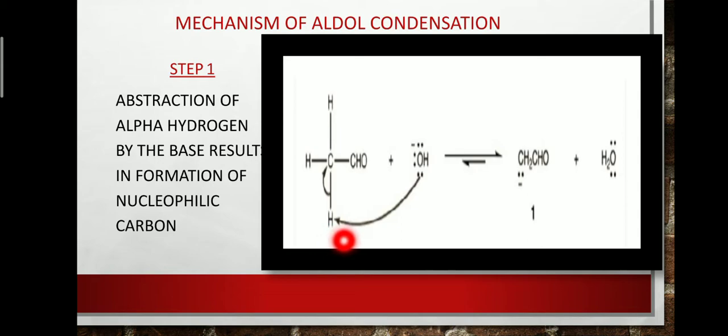So the first step is this alpha hydrogen is abstracted by the base, resulting in a nucleophilic carbon here, an enolate ion. This is the first step, and it is also somewhat a reversible reaction.